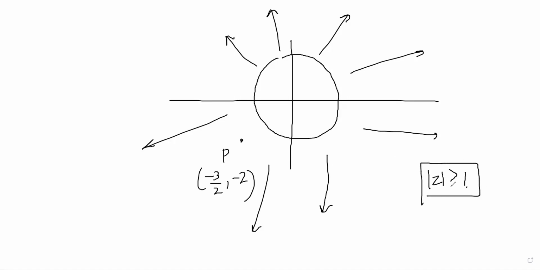Yes, sir. This is a circle of radius 1 and the point can be anywhere outside the circle, right? So actually the minimum value can be 0 also, right? Yes, sir, if the point was here.